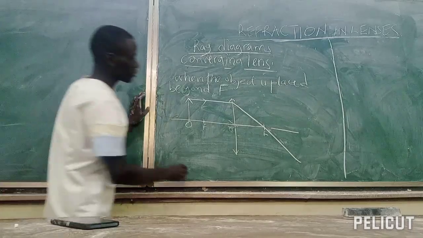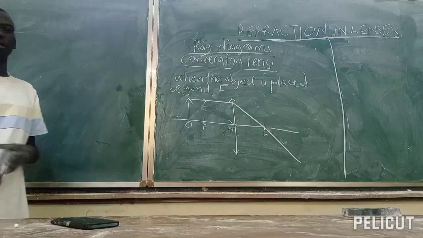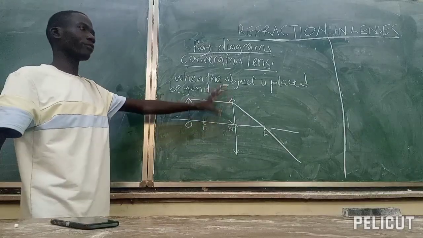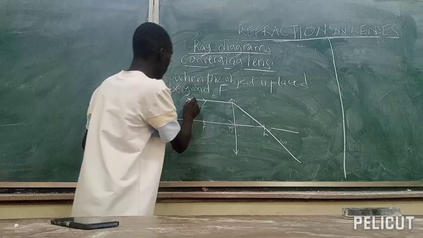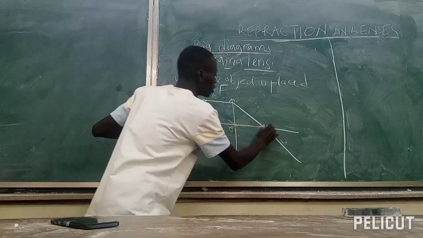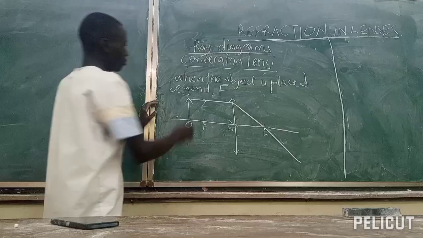Then another ray comes and passes through the optical center. But the ray that passes through the optical center is not refracted. It goes straight to meet the other one that passes through the principal focus. The point where they meet is where the image is formed.